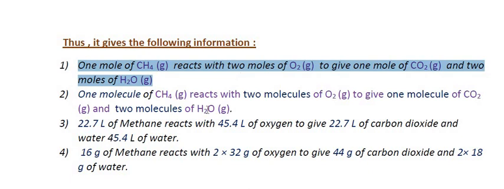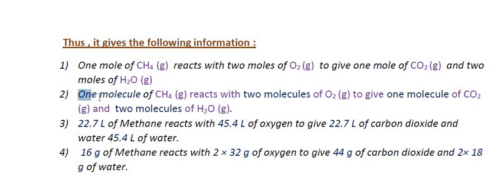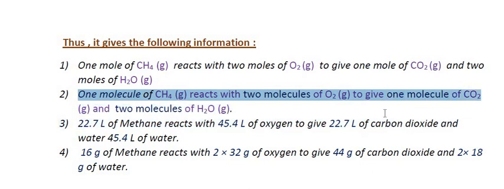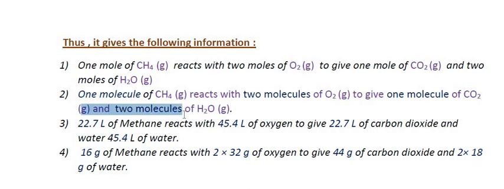Now in terms of number of molecules, 1 molecule of methane is reacting with 2 molecules of oxygen to give 1 molecule of carbon dioxide and 2 molecules of water vapor. So in the first point we talked about the reaction in terms of moles, and in the second point in terms of molecules.